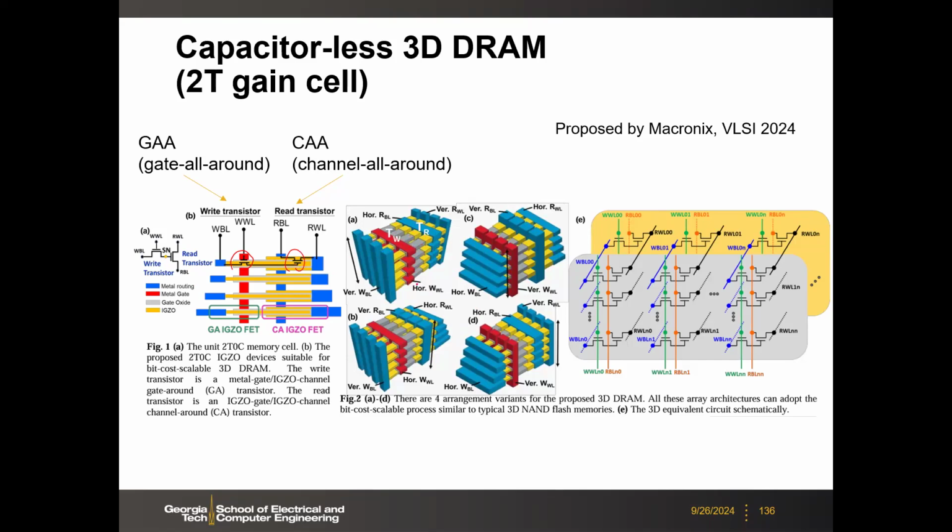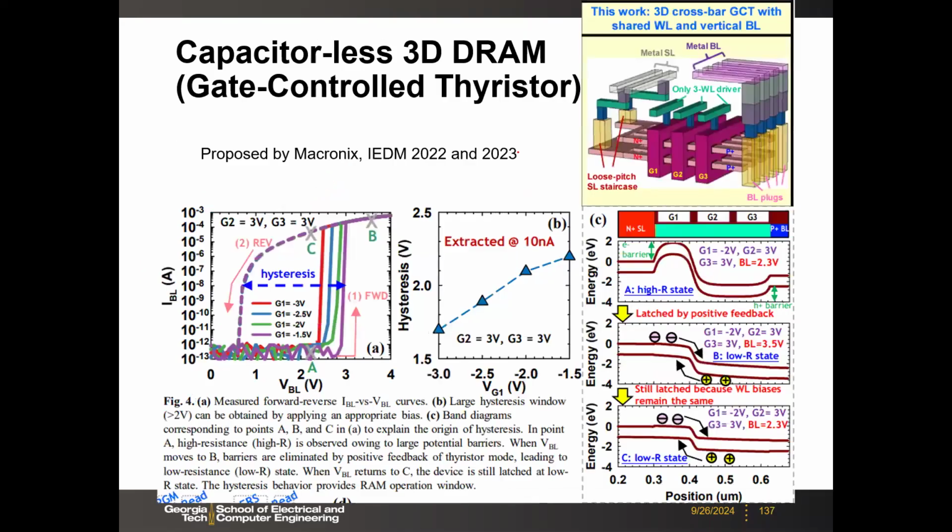And then you can potentially get high density without the capacitor. So this is an alternative design, which was just proposed this year at the VLSI conference just 2 or 3 months ago. So there's another proposal from the same company.